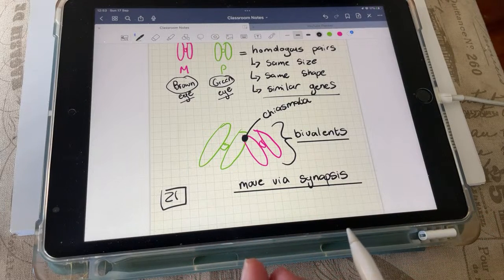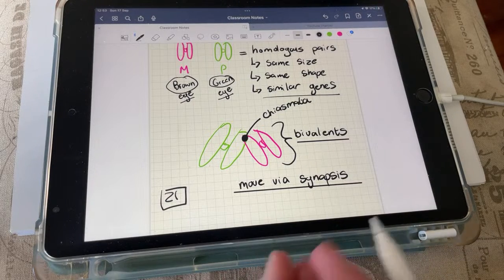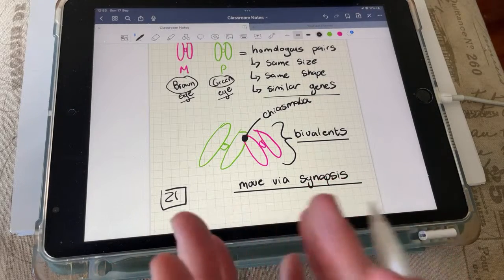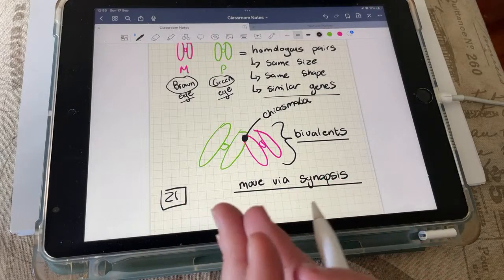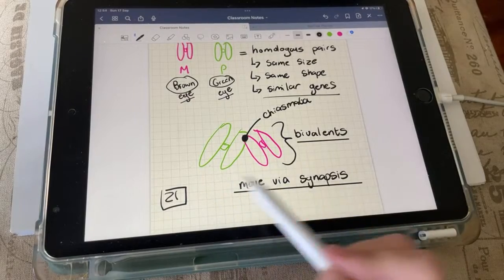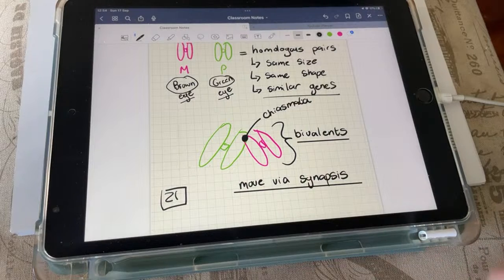Please go and learn it off by heart. That is the explanation you would use if you had to explain how we inherit Down syndrome. Also, don't overlook what creates Down syndrome, which would be non-disjunction. When these bivalents or these homologous pairs fail to separate, you end up having extra chromosomes.